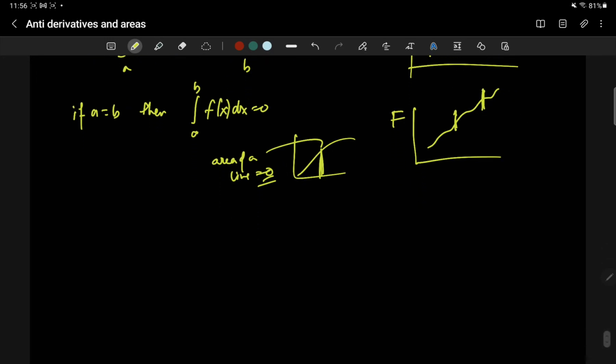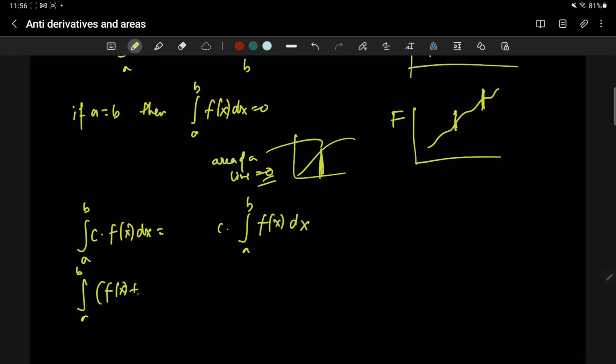Some other useful properties: if you have a number multiplied with a function, you can pull that number out and just find the area of the remaining part. If you have the addition of two functions, you can separate them out and say it's the area of the first function plus the area of the second function.